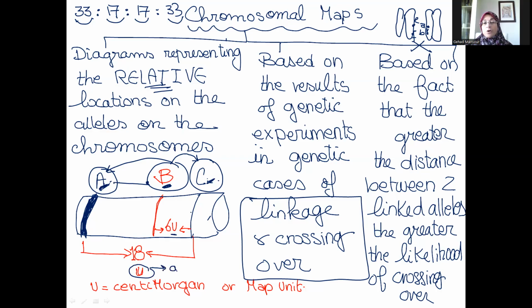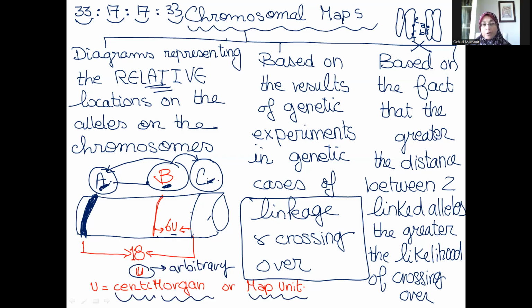These units are arbitrary units, meaning that they are conventional units. Every unit is called a map unit, or a centimorgan unit.